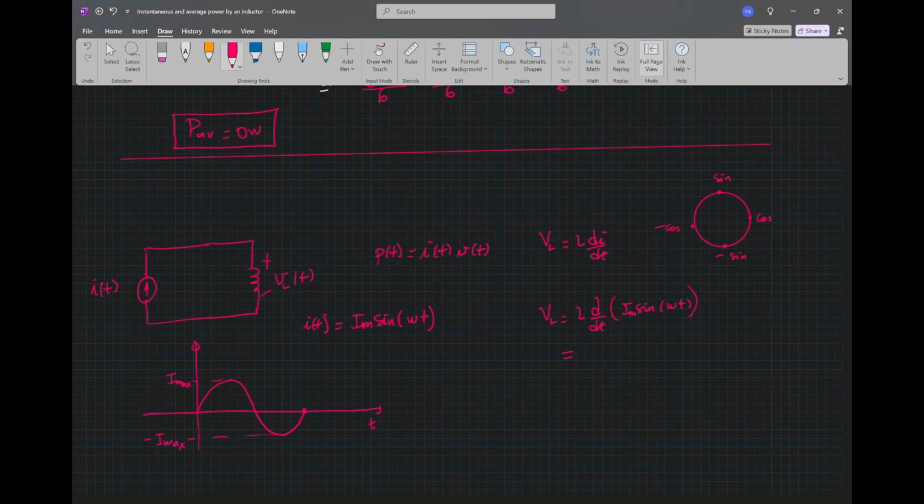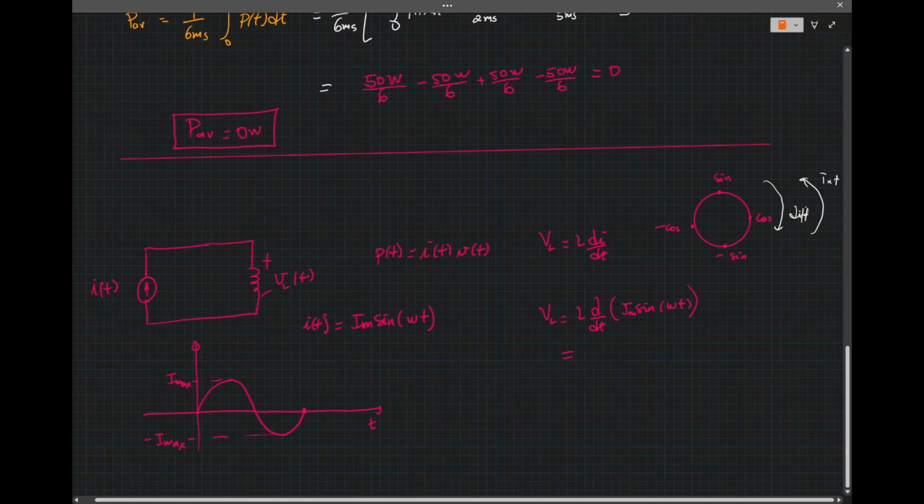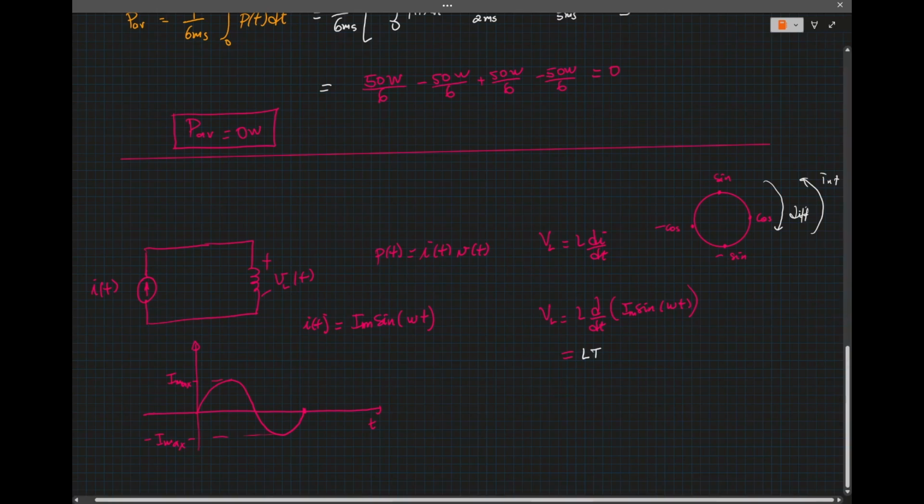When I differentiate, I move this way, but I move counterclockwise when I integrate. So when I differentiate sine, I get cosine. So it's L I_m omega cosine omega t.